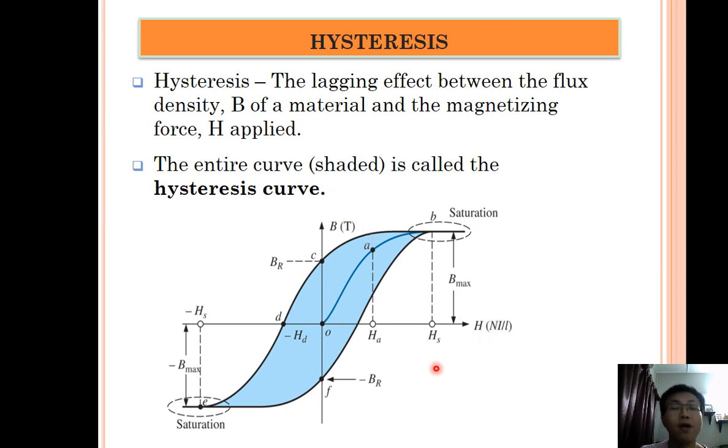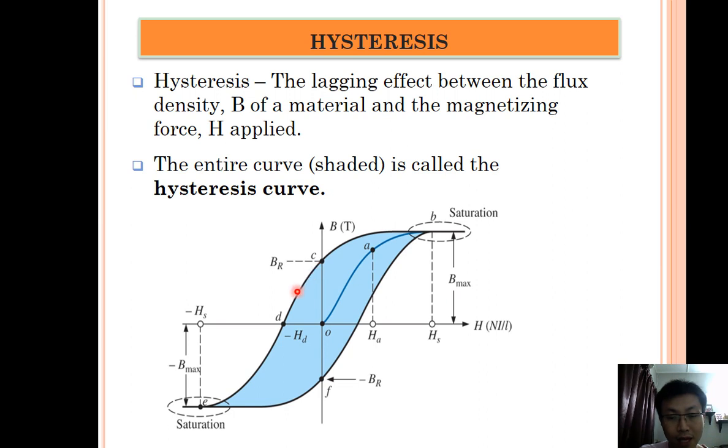So when we apply current, you see H is proportional to the current. If the material is new, not yet applied to any current, and now we apply the current, it will go to this line. If I increase the current, it will go up until it saturates. Then if I give the opposite direction of the magnetic field, it will come in to here until the magnetic field is 0.